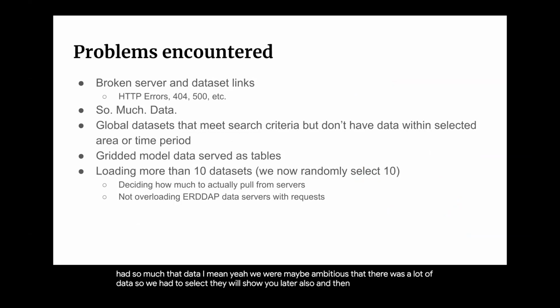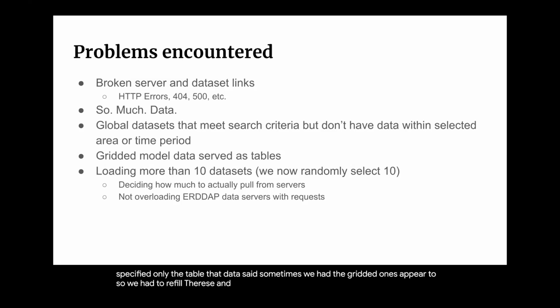Also, sometimes we selected a region and, maybe due to the metadata, there was nothing inside of it, so we had to deal with that too. And even though we specified only the tabledap data sets, sometimes the gridded ones appeared too, so we had to refilter this.